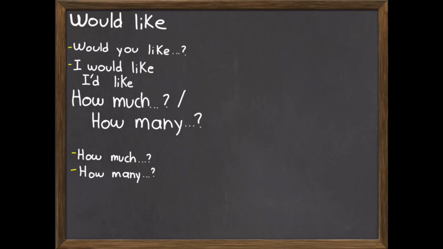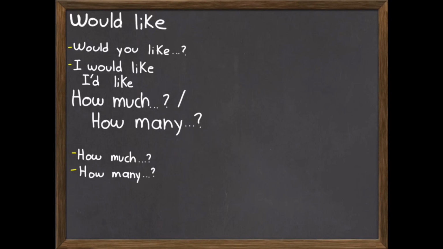Now, as you may have already guessed, how many? We use how many with countable nouns to ask about the number of something. We can say the number of things when we are asked how many. How many students are there in the classroom? There are 5.